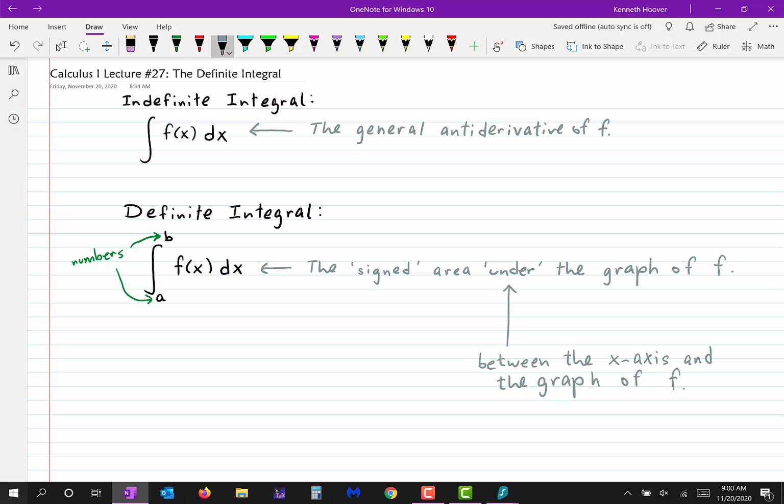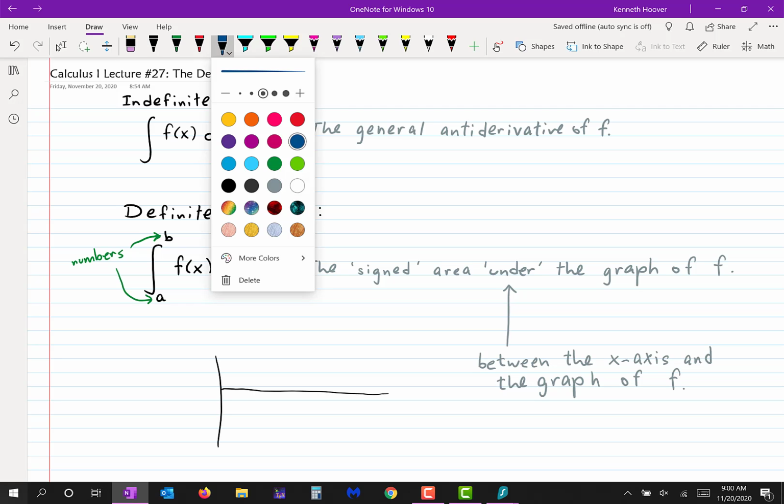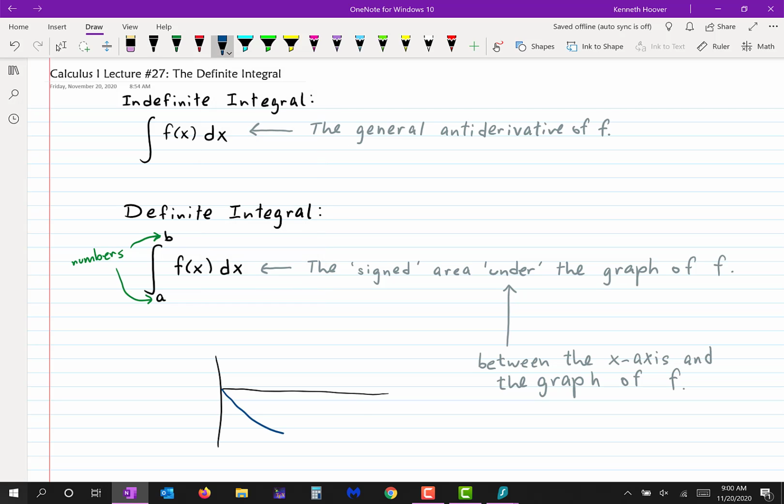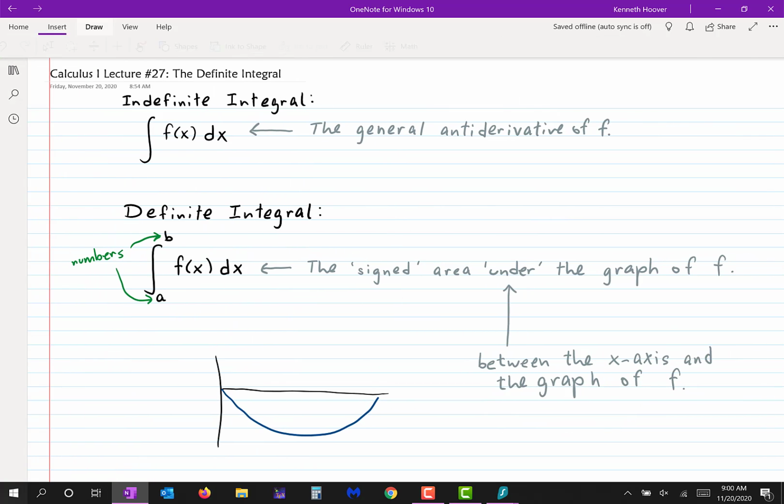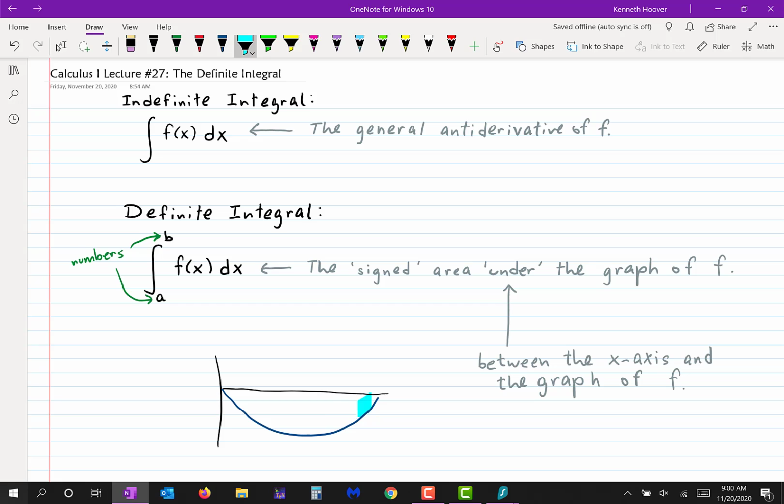Okay, so if you have a graph that does something like this, let's pick blue as a color here. So if you have a graph that does something like that, then the area under the graph would technically be this area up here, which is not under the graph, is it? It's above the graph. But nonetheless, that's just what we call it. The area between the x-axis and the graph of f is called the area under the graph of f.